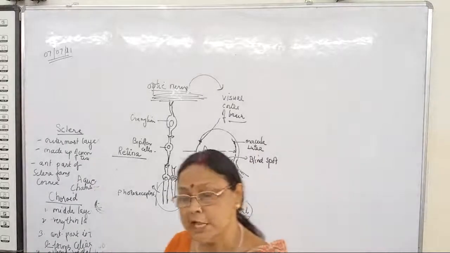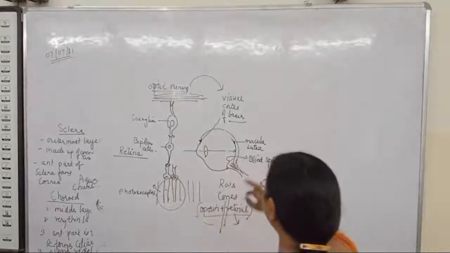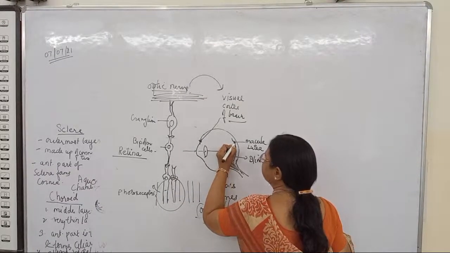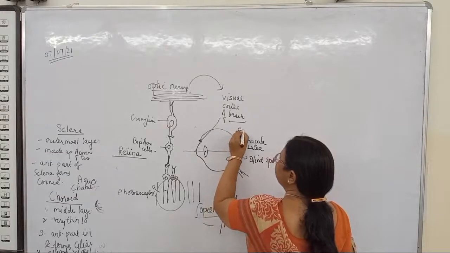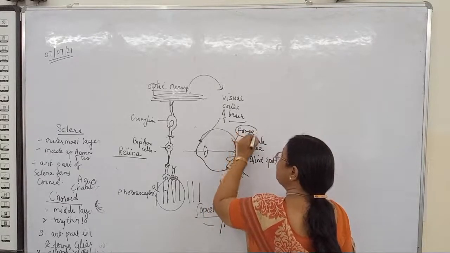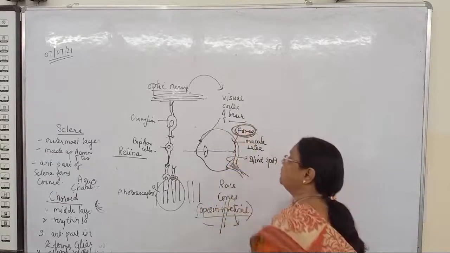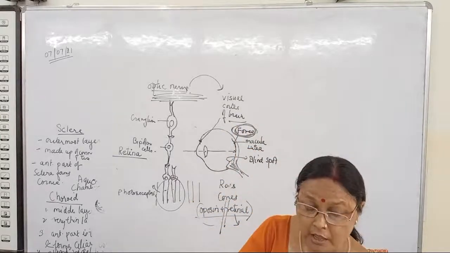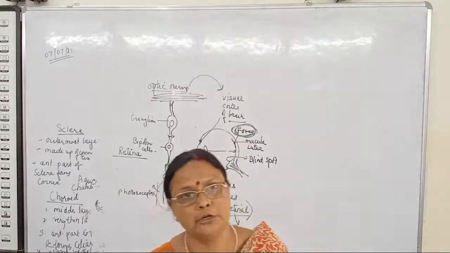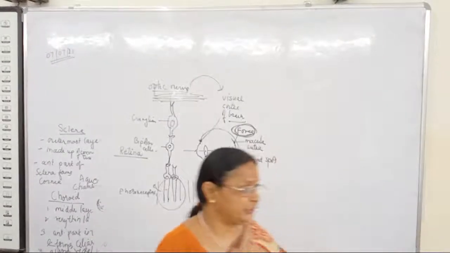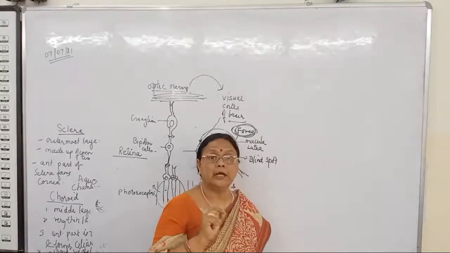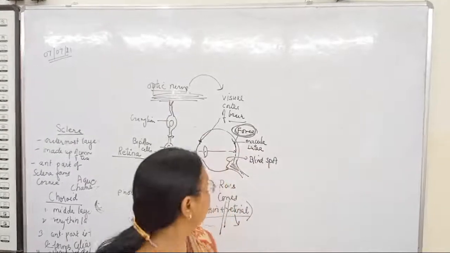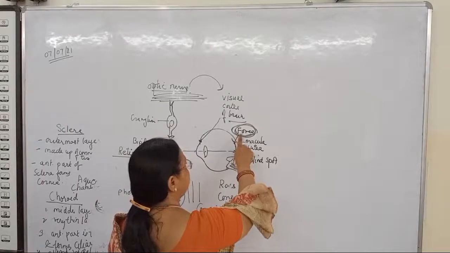So this is a yellow colored structure, and in the center of this there is a pit which is called the fovea, and this fovea is the site where you have the brightest vision. Why? Because at this point in the retina of the eye there are only cones, and because of this you have the brightest vision.